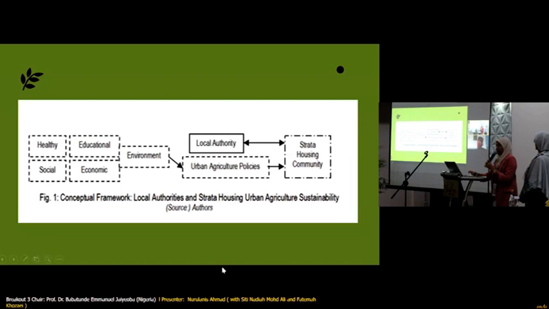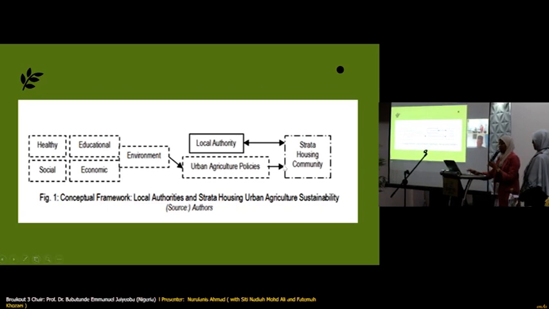From all these various literatures, we also developed the conceptual framework, based on Figure 1, to show that the role of local authority is very significant in establishing effective urban agriculture policies and bylaws.